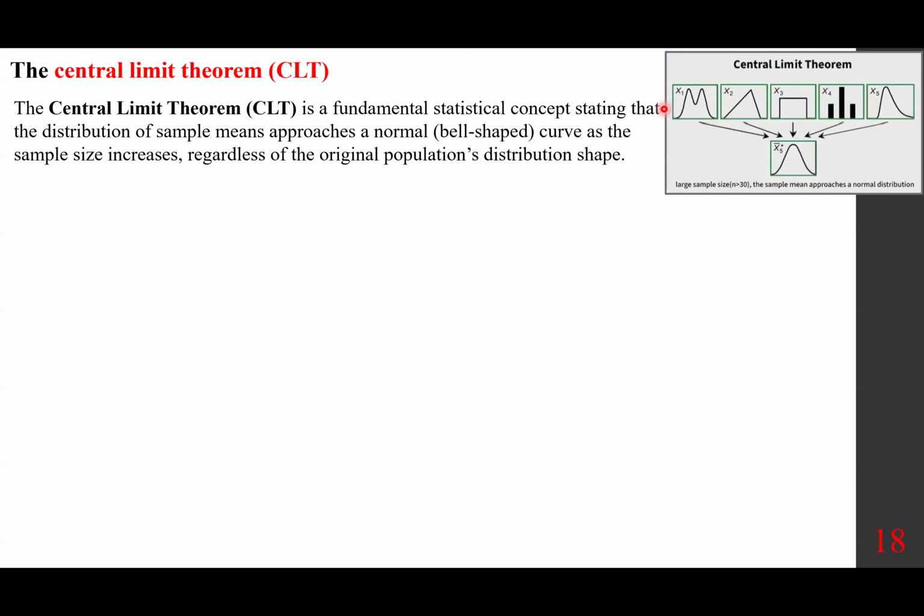So it doesn't matter what the shape is originally. If we are looking at the sampling of the sample means, and n is fairly large, the larger it gets, the closer it gets to a bell shape. And large means n is larger than 30.